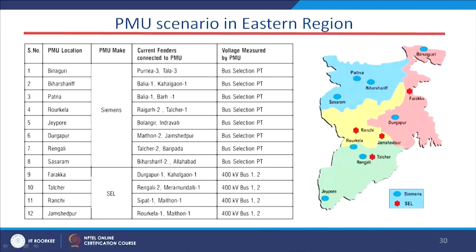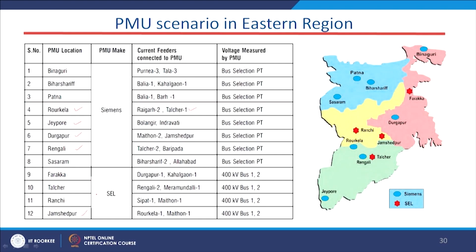If you see the PMU scenario in the eastern region, these are some of the data we have collected: Rourkela, Jaipur, Raigad 2, the current feeder connected to PMU, Talcher 1, Durgapur, Ringali, Ranchi and Jamshedpur.